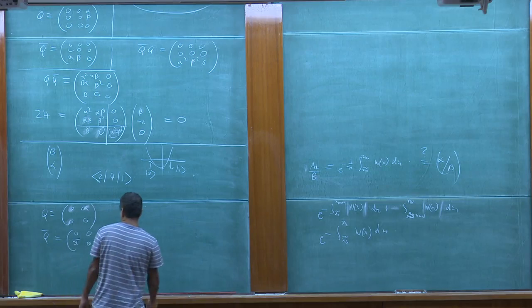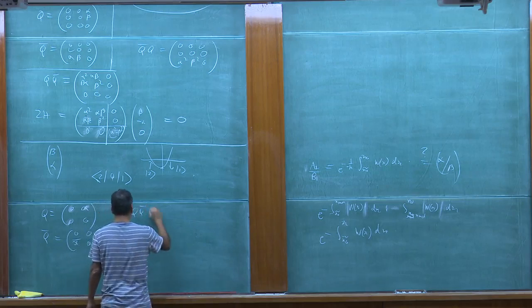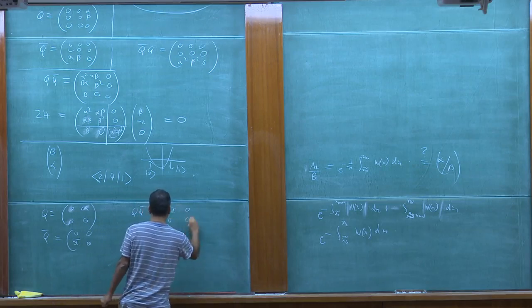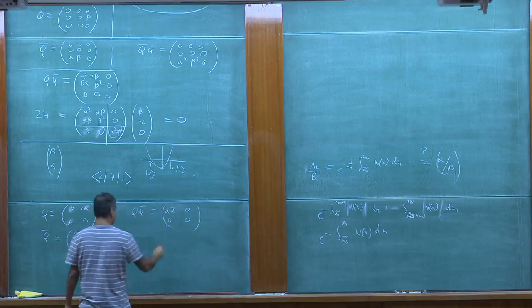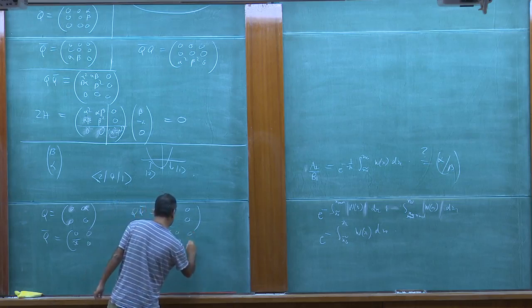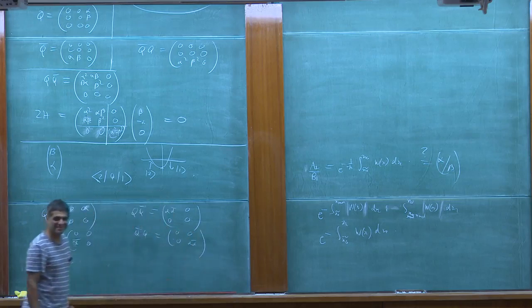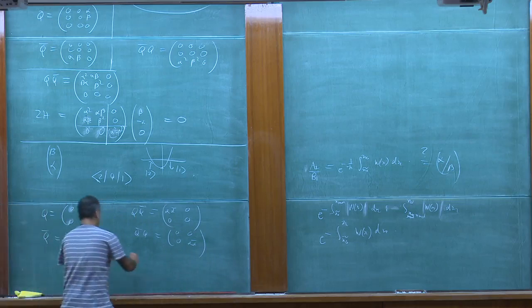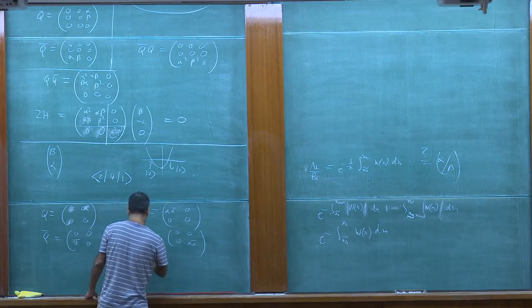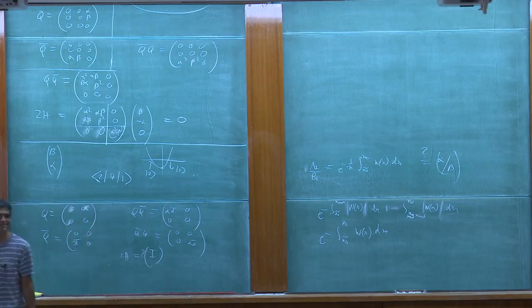And now Q bar will be equal to alpha bar, 0, 0, 0, and Q bar Q will be equal to 0, 0, 0, alpha bar. Correct this time. Okay. And therefore we have 2H is equal to alpha bar times identity. Every state is lifted.